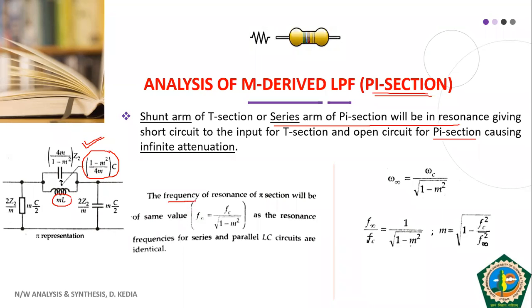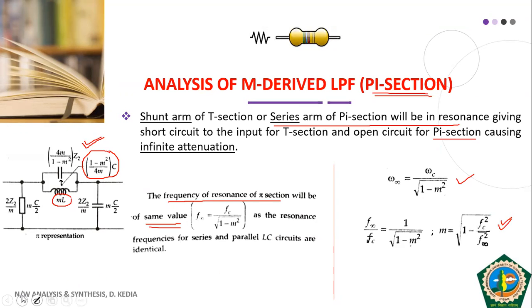So the frequency of resonance for pi section will be of the same value as we have obtained in the previous slide. That will give us omega infinity equal to omega c upon under the root 1 minus m square. Okay, so this is how we analyze M-derived low pass filter in case of pi section, and this final result for M is also the same.